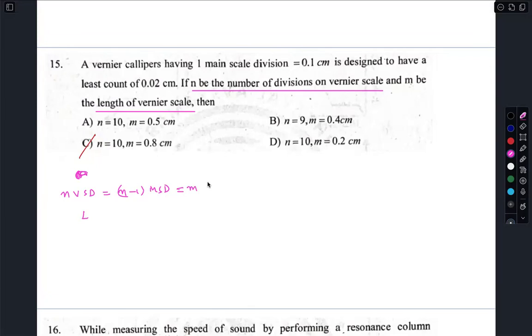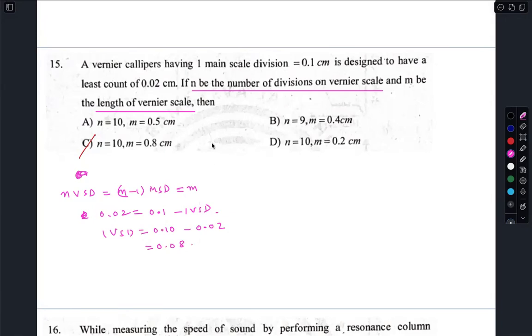One main scale division we have, the least count also we have. 0.02 is one main scale division, 0.1 centimeter, minus one Vernier scale division. So one Vernier scale division is 0.10 minus 0.02. Sir, what will this be? 0.08. That's all.